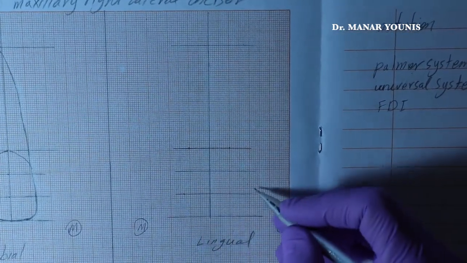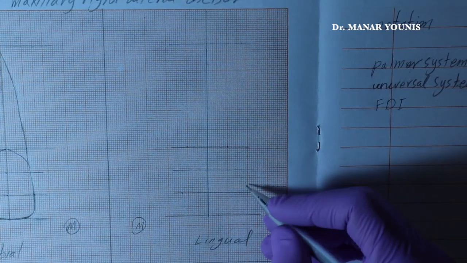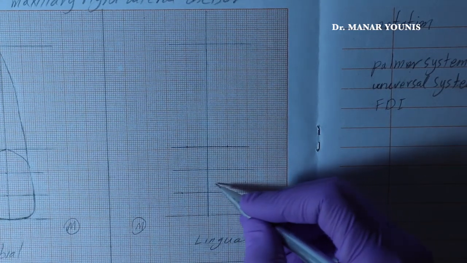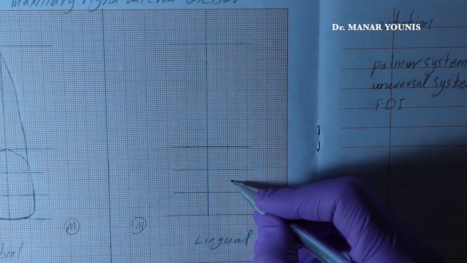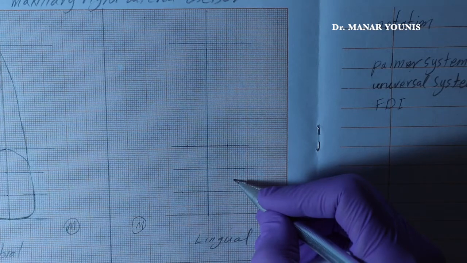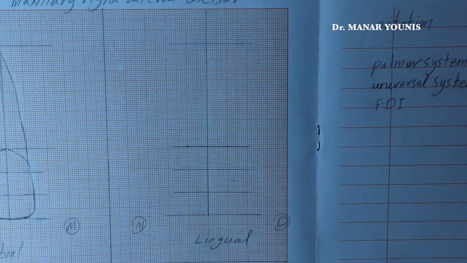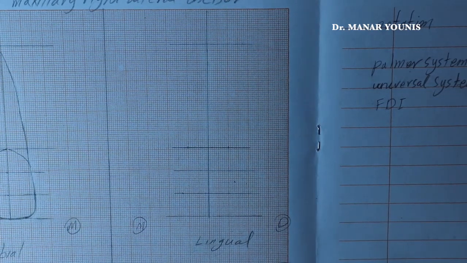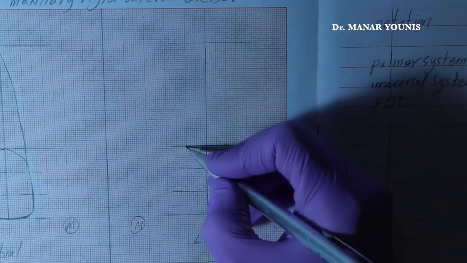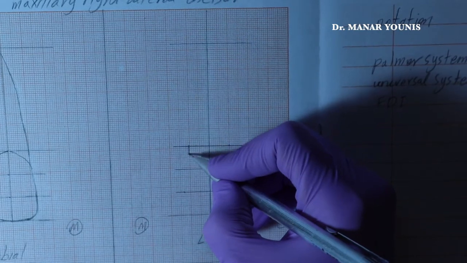While distally, as we explained previously, it's located in the middle of the middle third. So I will measure 13 mm and put a mark in the middle of the middle third of the crown. Then I will start drawing the crown outlines following the same procedure as I did for the labial aspect.